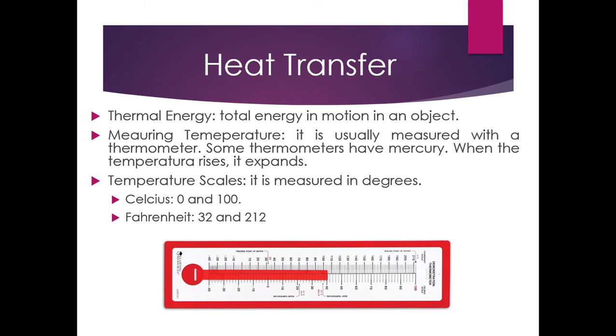It's going to evaporate when it reaches 212 degrees. And here we have an example of what an old thermometer looks like. That reddish thing you can see right there is the mercury that is going to go up or down depending on the temperature it is being exposed to.